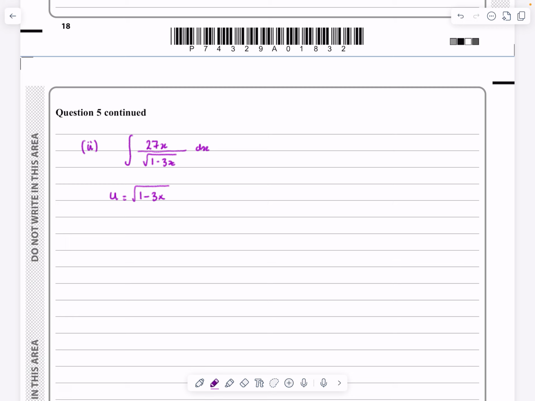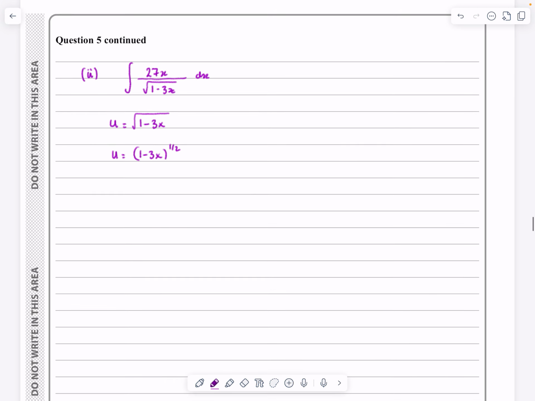So as I said, I'm going to focus on dx first of all, or in other words, differentiating or getting du by dx. Before I do that, let's just make sure that's something that looks like it can be differentiated. So let's write that as to the power of a half there.